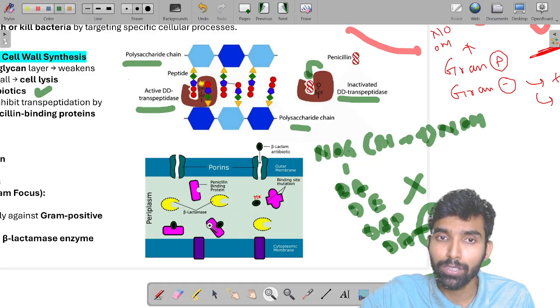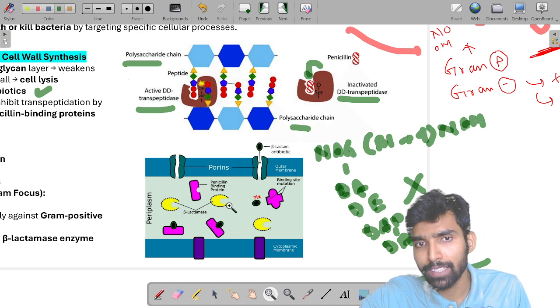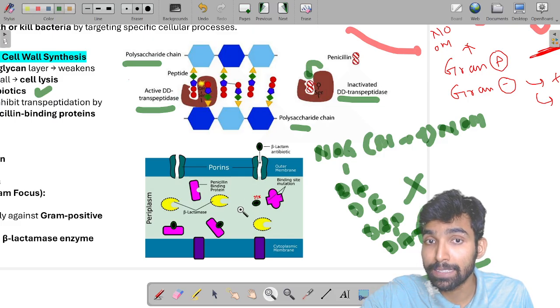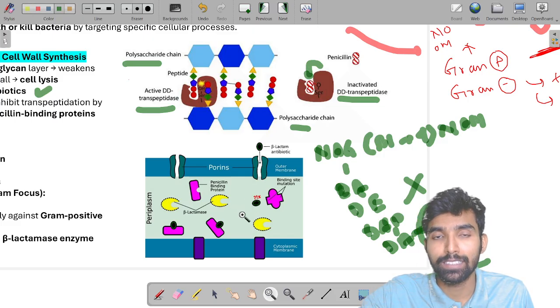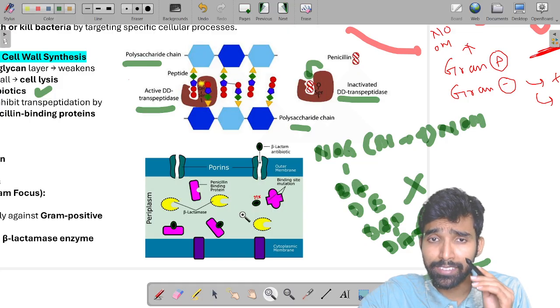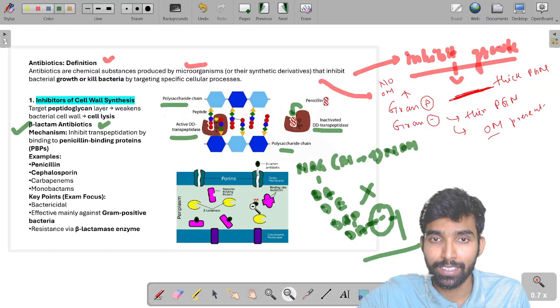If the penicillin binds with the penicillin binding protein, then the bacteria will die. But if penicillin binds with beta lactamase, the beta lactam ring will be clipped, and then the bacteria will not die. That's how bacteria become resistant.